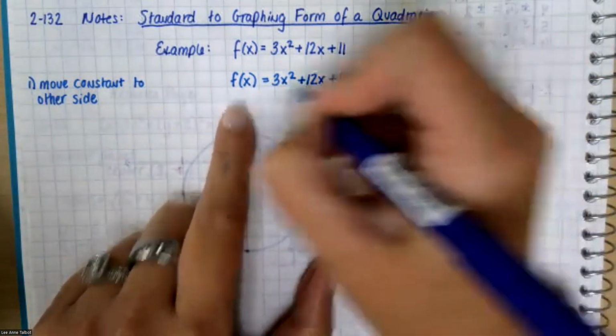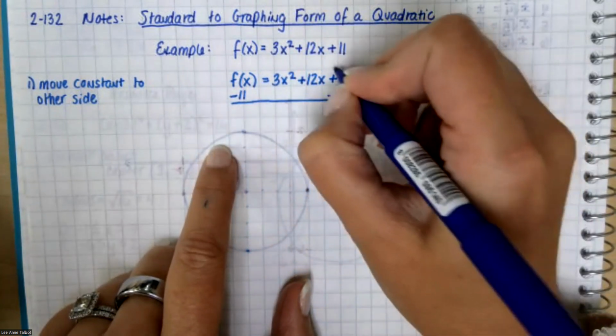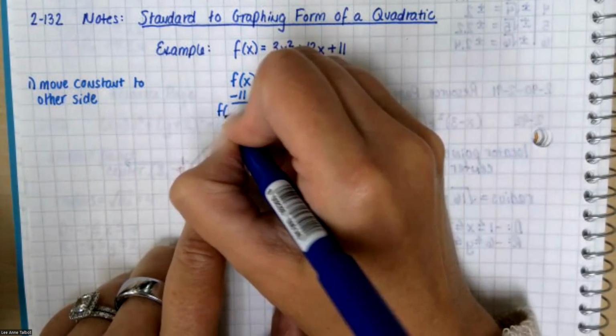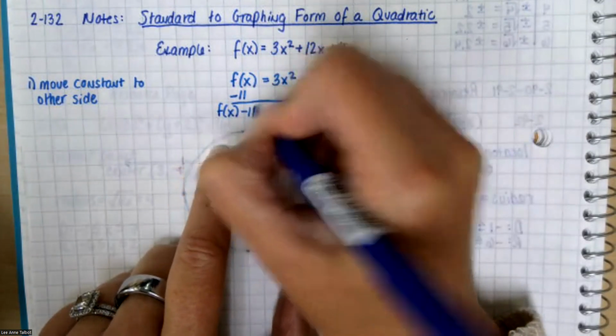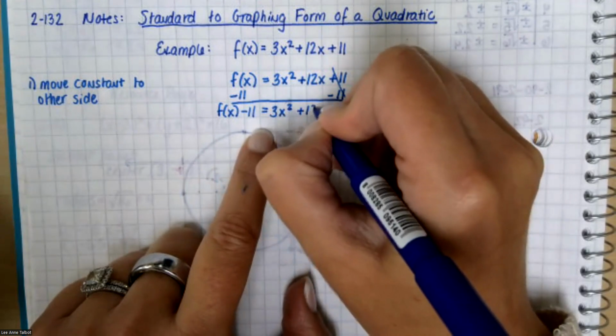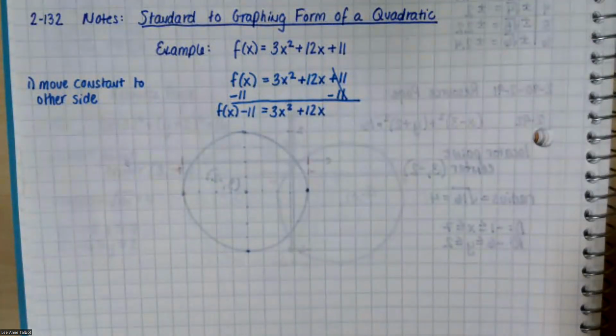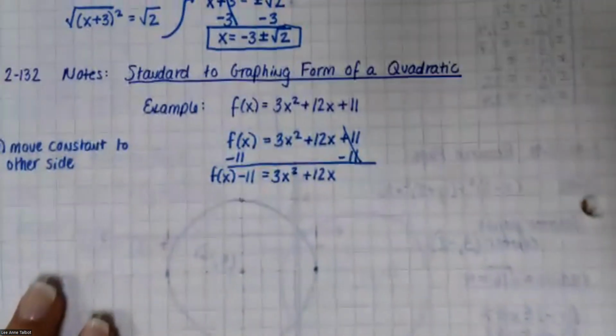So we're going to minus 11. And this is literally just going to be f of x minus 11. Feels weird, I know.